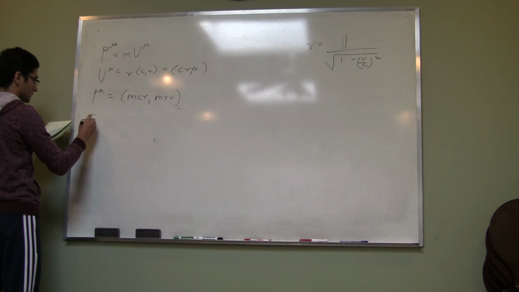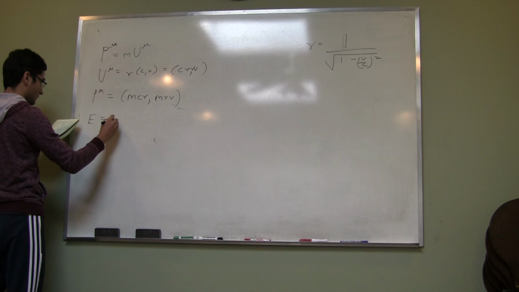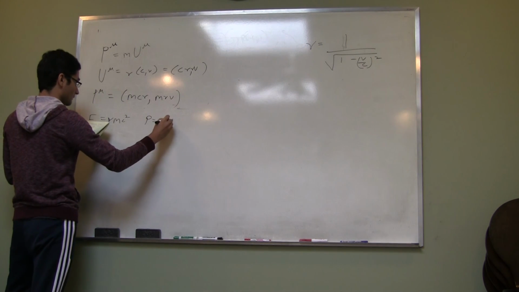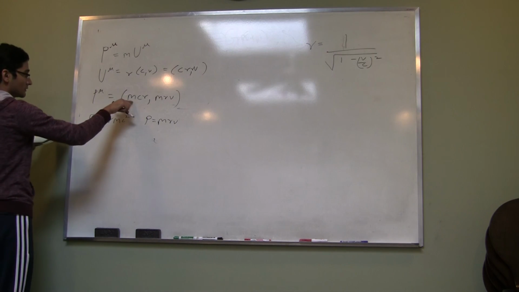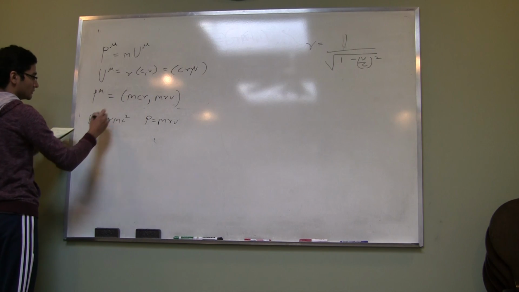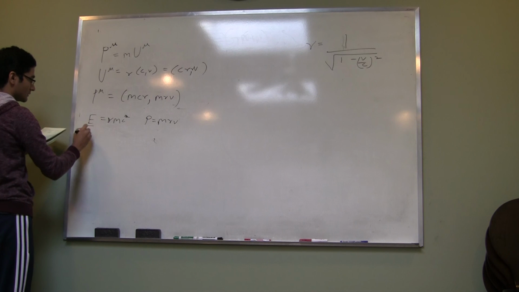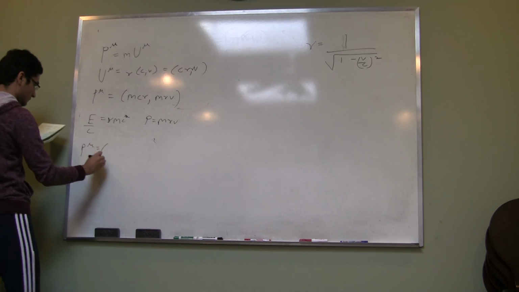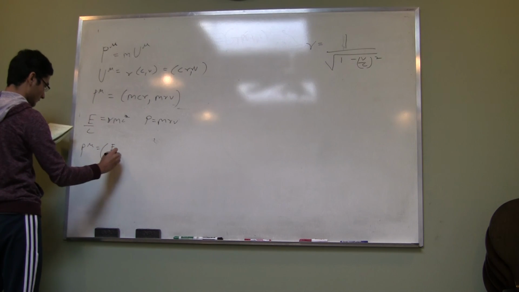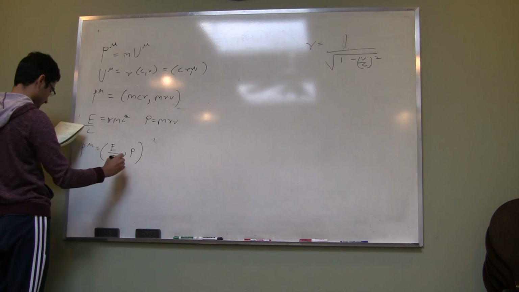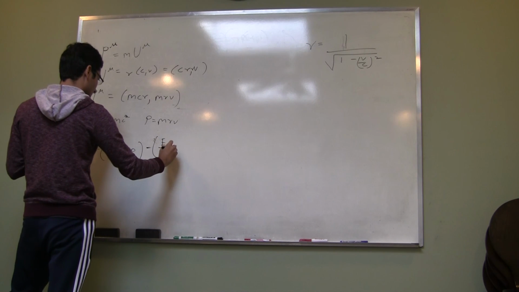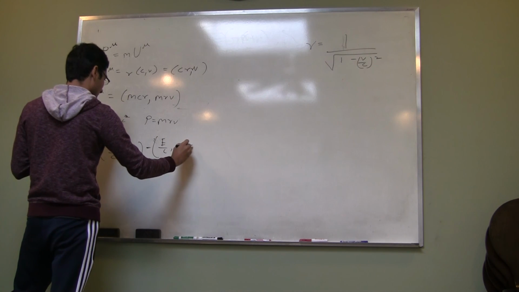Now E equals gamma mc square and p equals m gamma v. So if you bring one c here, P mu equals E by c, px, py, pz.